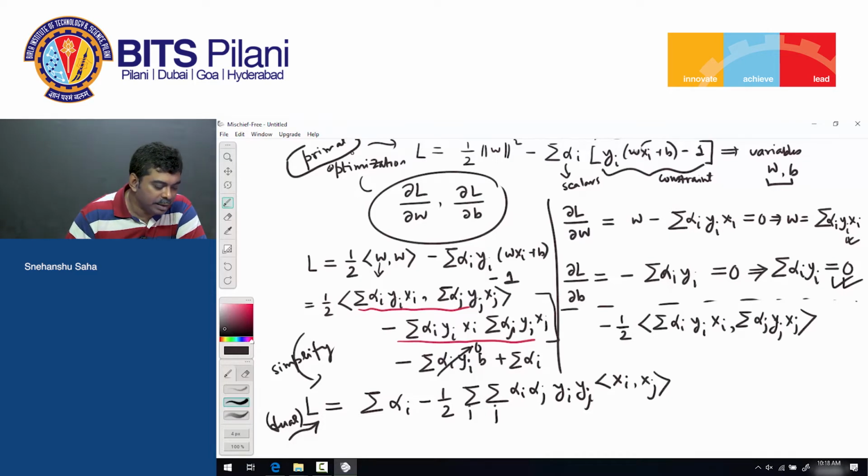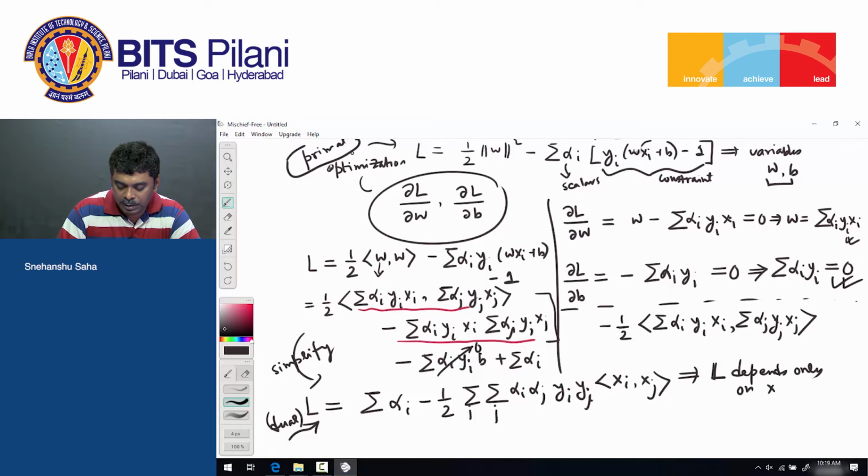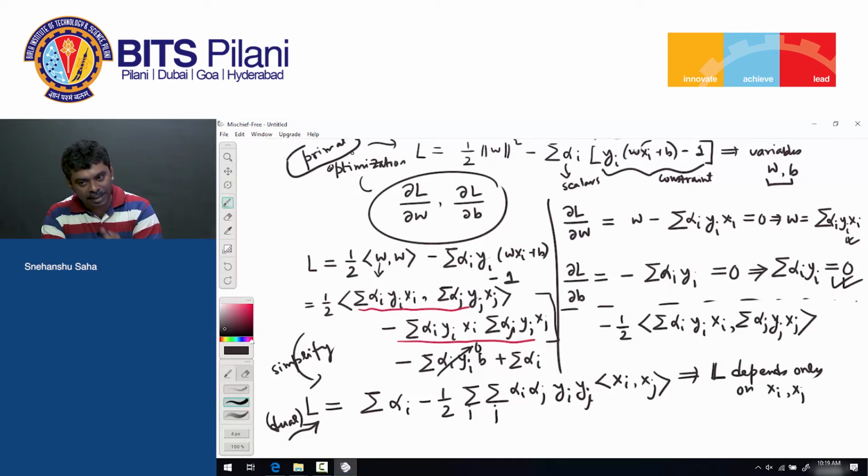So in other words, what we also see is that the L function depends only on the training examples, only on xi and xj. As a matter of fact, it just depends on the inner product of these training examples. We know that the inner product of vectors is a cheap operation.